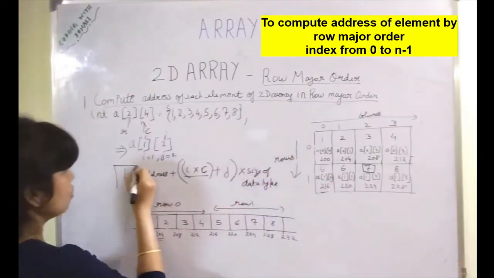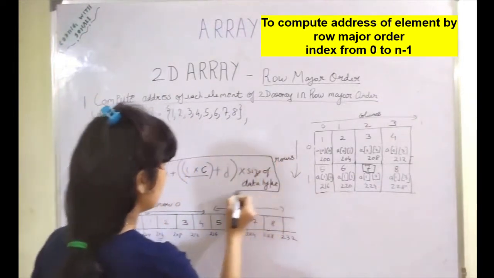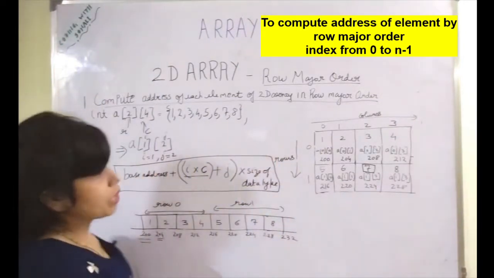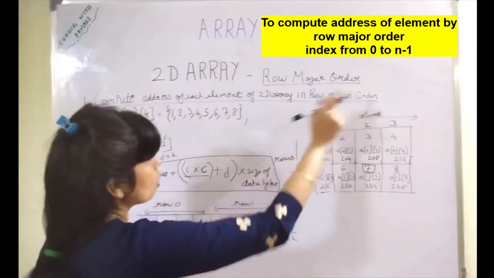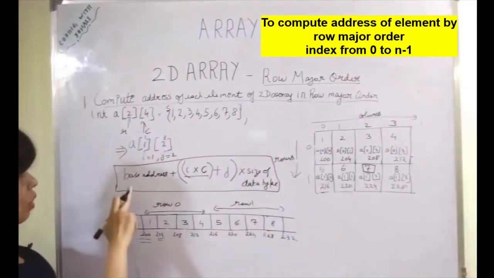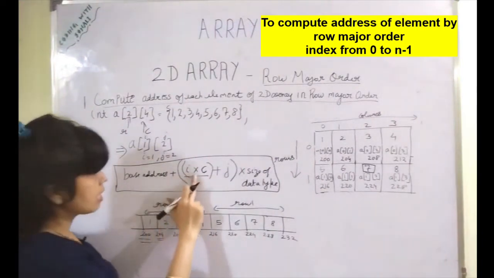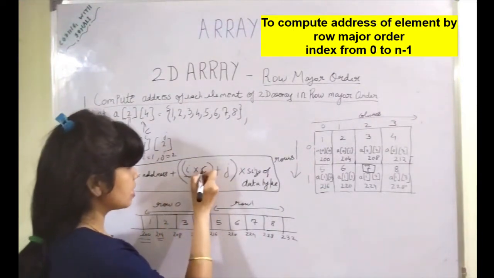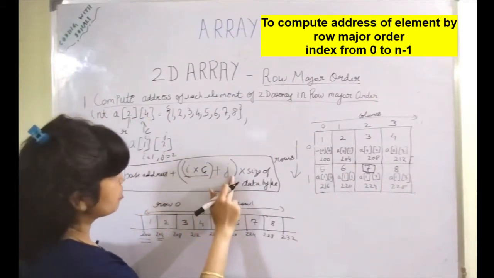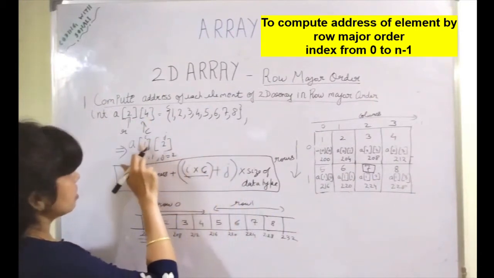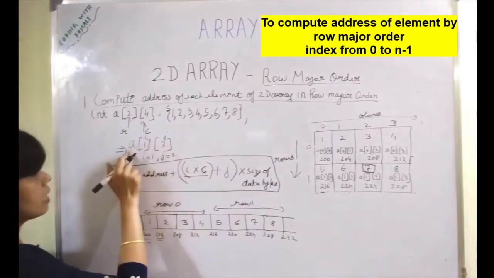So this is my formula to calculate the address of an element using row major order. What is it? Base address plus I into C, that is the number of columns, that is 4, plus J. We have seen I and J, this is A[1][2].